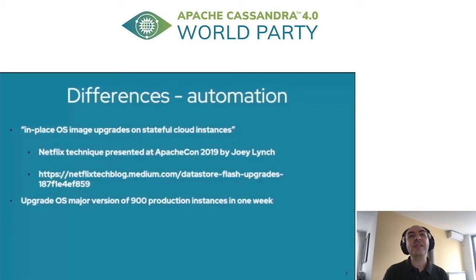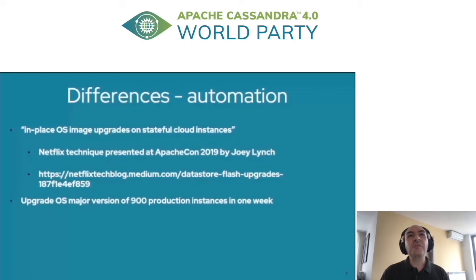Another automation example is a very recent OS major version upgrade. We used the Netflix technique presented at Apache Cassandra 2019 by Joey Lynch, and in his blog post. It's based on overwriting the root device without touching the data kept on instance stores.